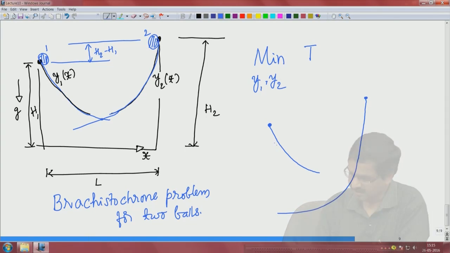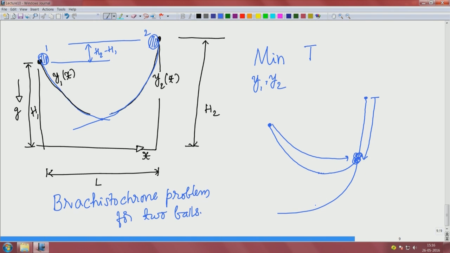When will they hit? If we are lucky, by the time this cycloid let us say goes here, okay, if the time taken for this ball to come from there to here and for this ball to take time to go to there, then they will meet over there at two balls, otherwise they actually go somewhere else.